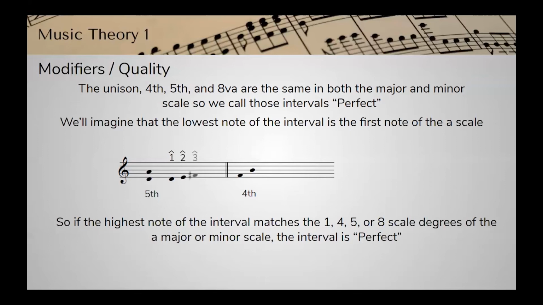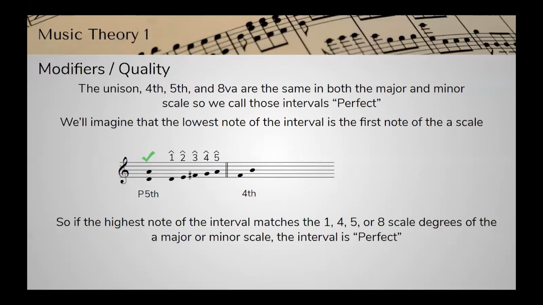So go up the scale until we get to the fifth note, which is A. So that does match what should be in the scale based on the lowest note, which could be D major or D minor. So that is a perfect fifth.